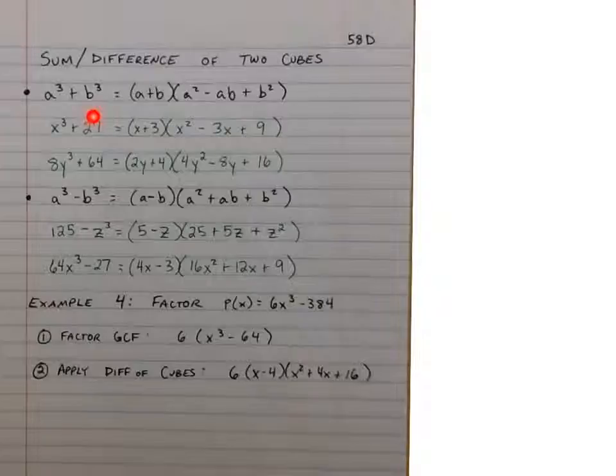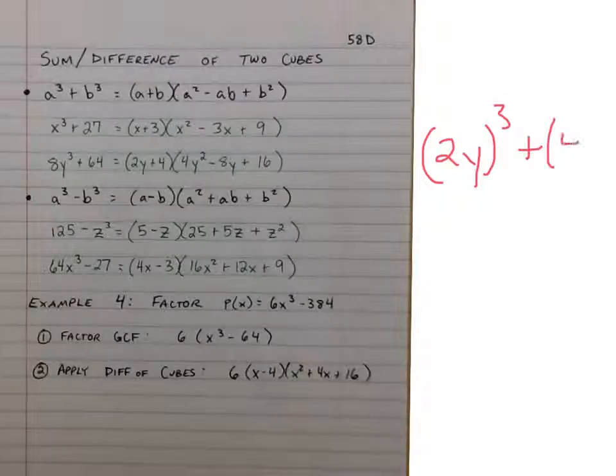In the second example, it may not be as apparent, but we have the value 2y to the third plus 4 to the third. So we're able to write it as a plus b times a squared minus ab plus b squared.